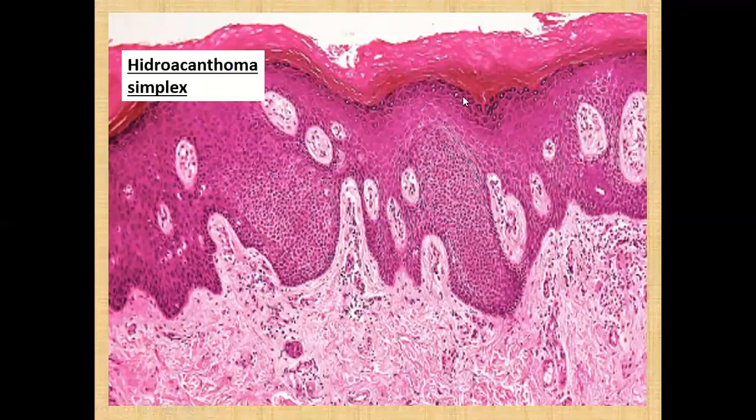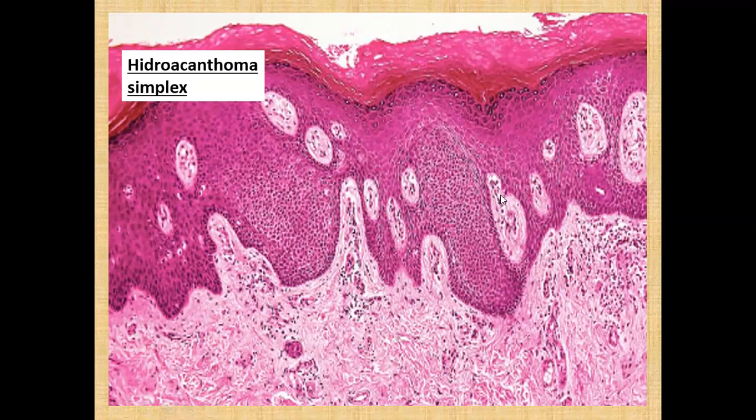Then another skin tumor which originates from the acrosyringeum portion of the eccrine gland is hidroacanthoma simplex. Hidroacanthoma simplex is the intraepidermal type of poroma, the intraepidermal variant of poroma.